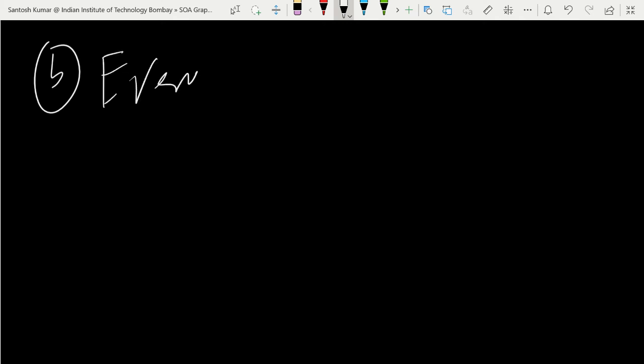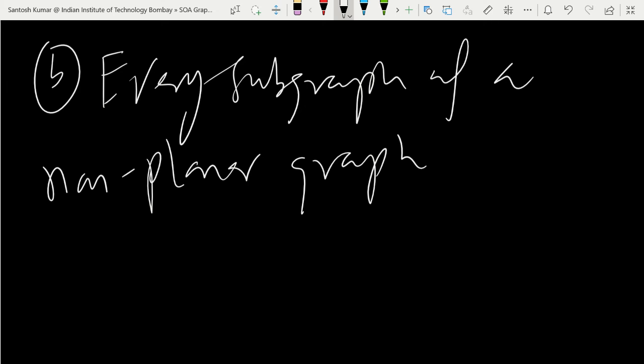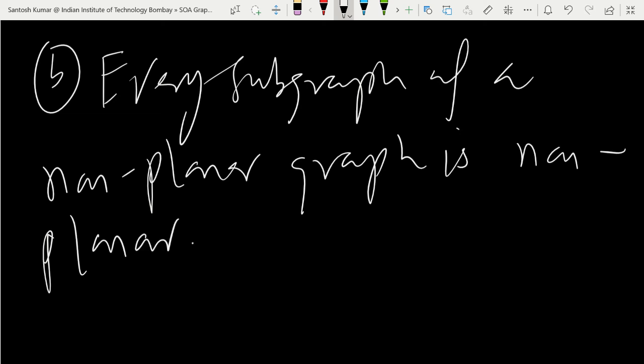It says every subgraph of a non-planar graph is non-planar. So true or false? False. Yes, false.